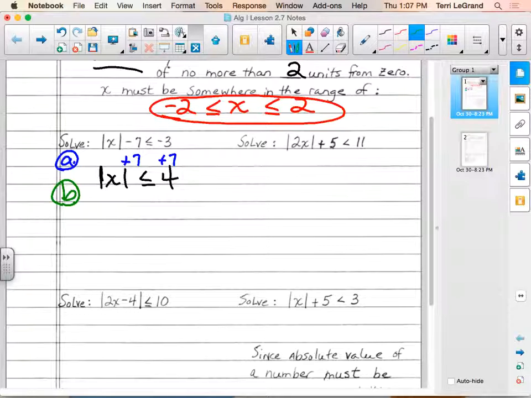So what would that look like? Is there a range again? It goes out how far to the left? -4. It goes out how far to the right? +4. This would be a compound inequality again, wouldn't it? So we're going to say x, we ditch the absolute value bars, has to be greater than or equal to -4 and less than or equal to +4.